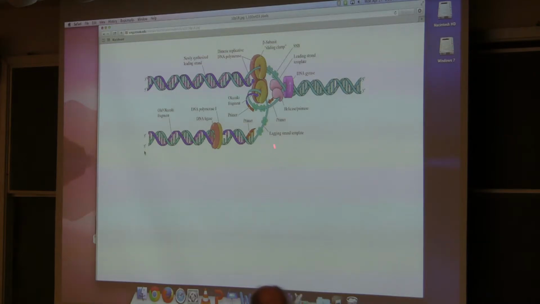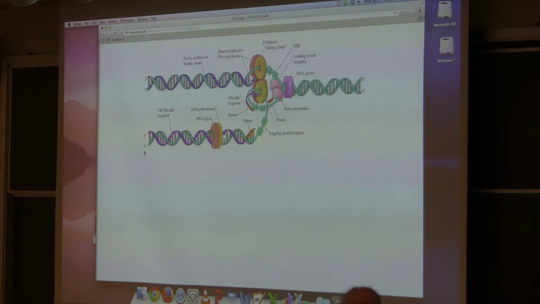One of the things that they're doing there is providing some protection for that single strand. If that single strand were to get damaged, the whole DNA would be useless. So one of the functions of the single-strand binding protein is to provide protection for that single strand.